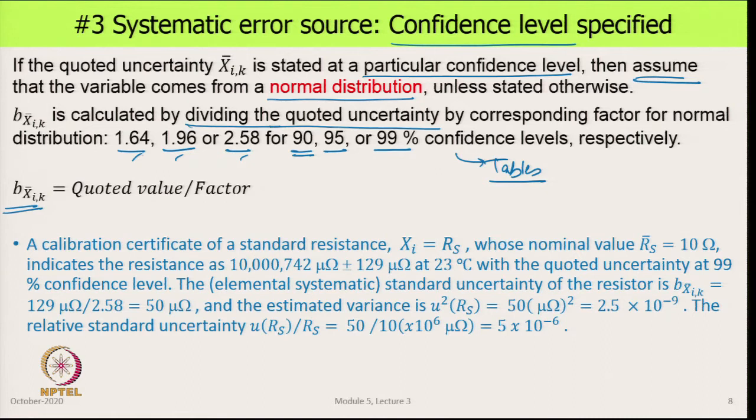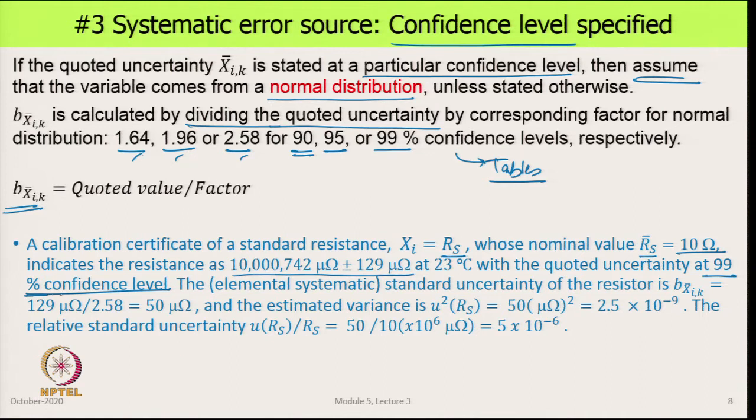And the example here is like this: a calibration certificate of a standard resistance, the variable is called R subscript S, whose nominal value R s bar is 10 ohms, indicates the resistance as this much micro ohms plus minus 129 micro ohms at 23 degrees Celsius, when quoted with an uncertainty of 99% confidence level.